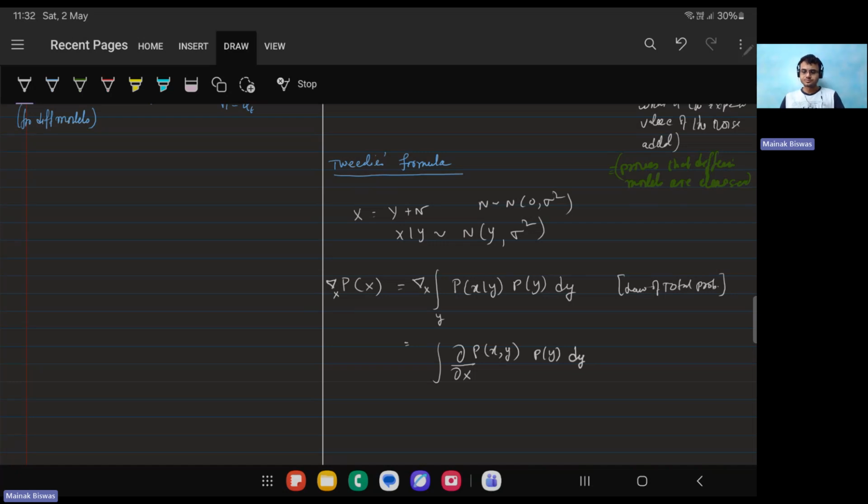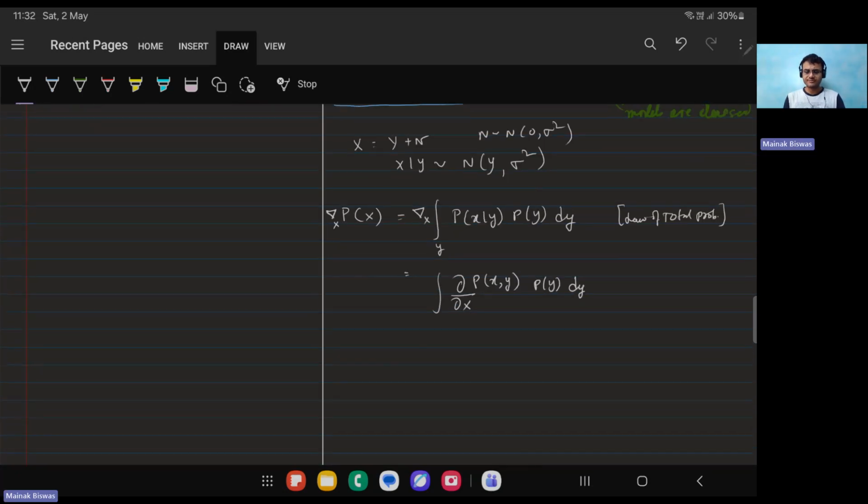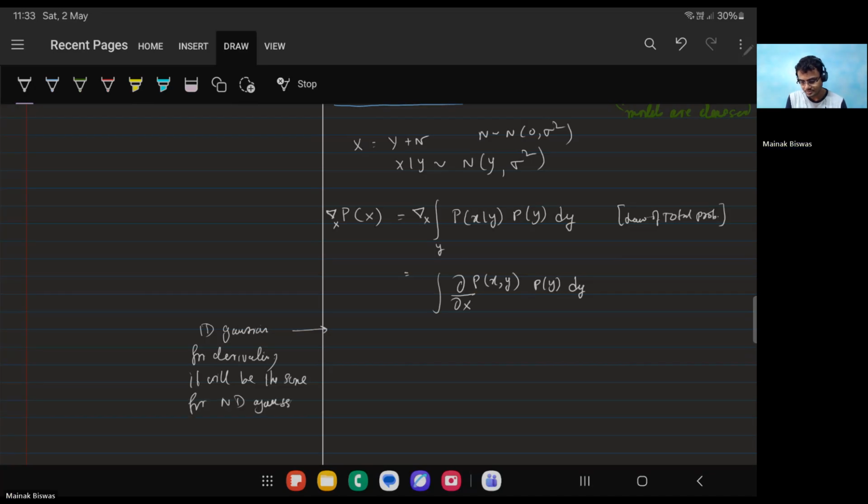Next, for the time being, I'll just write down the 1D Gaussian for the derivation. It will extend to be the same for N-D. Right? So let us write this down.